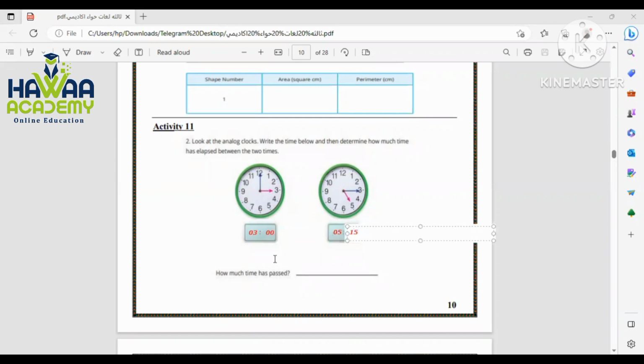First, between 3 o'clock and 5 o'clock, 2 hours, right? And between 3 o'clock and 5:15, or quarter past 5, 2 hours and 15 minutes. Okay, and that's it.